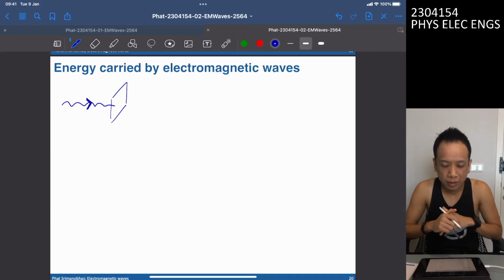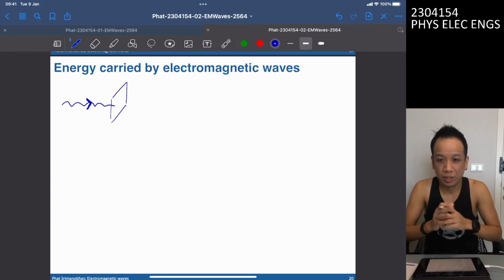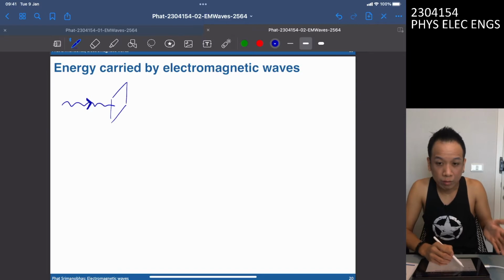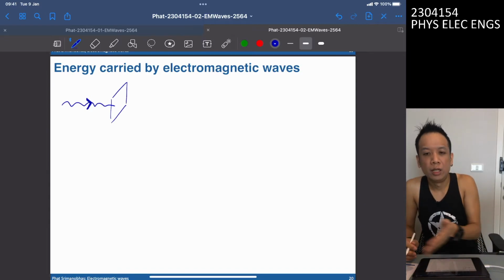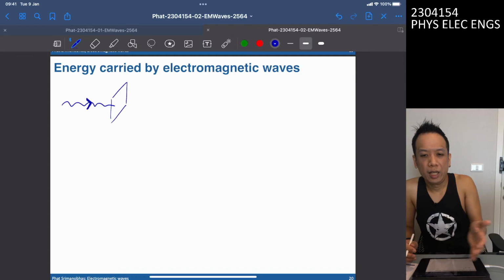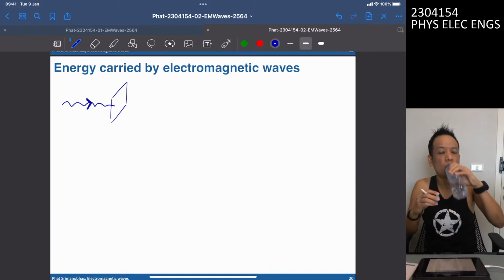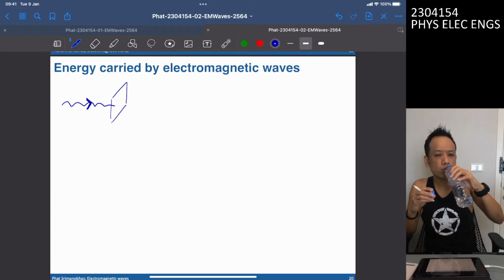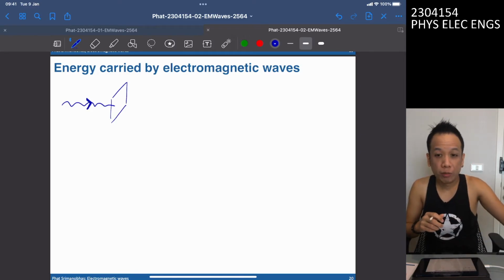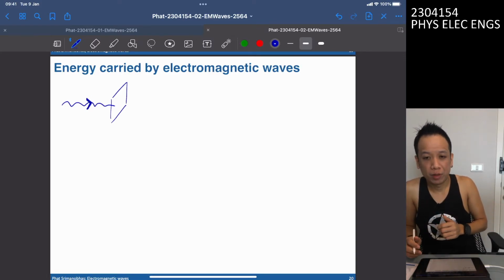So since the area is fixed, it's a certain place, but the time moves. So when the time passes, after the wave reaches, the wave gives the energy to this area continuously as time passes.